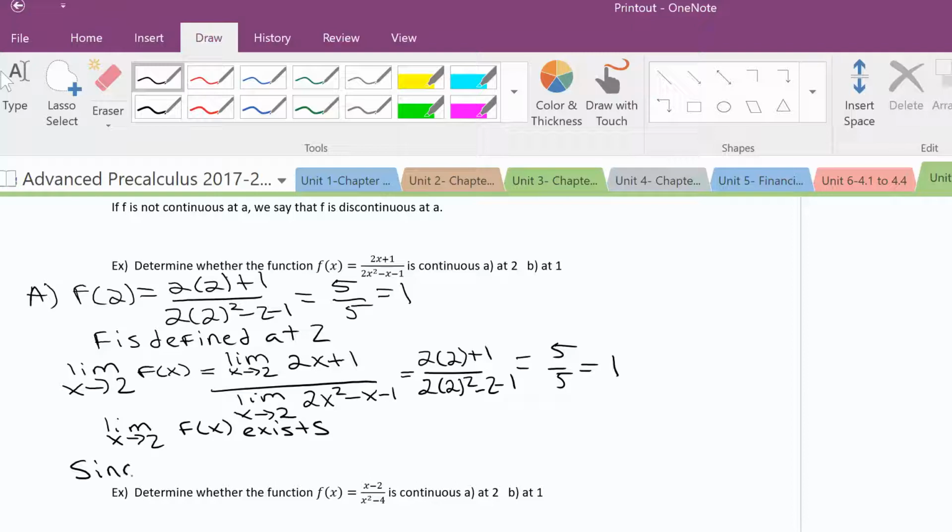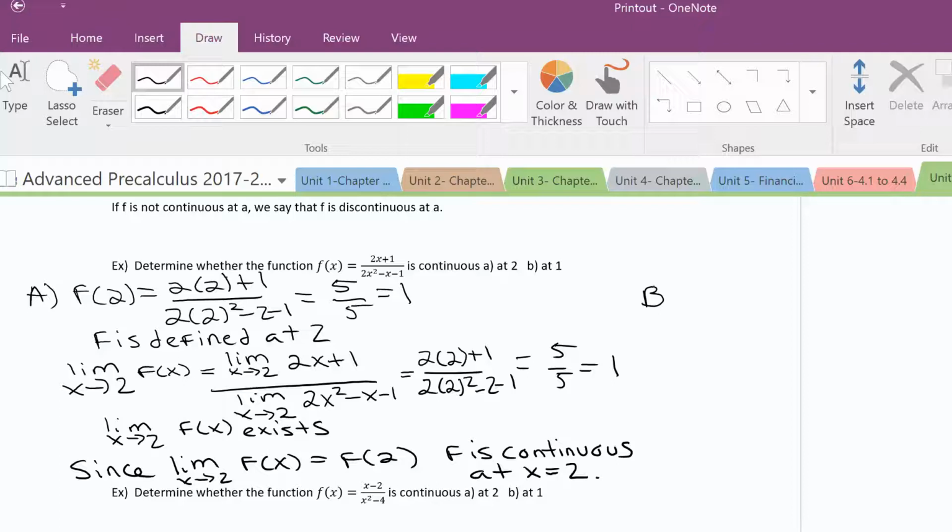Since the limit as x approaches 2 of the function is equal to f of 2, the function is continuous at x equals 2. There is no hole or anything that makes it discontinuous.